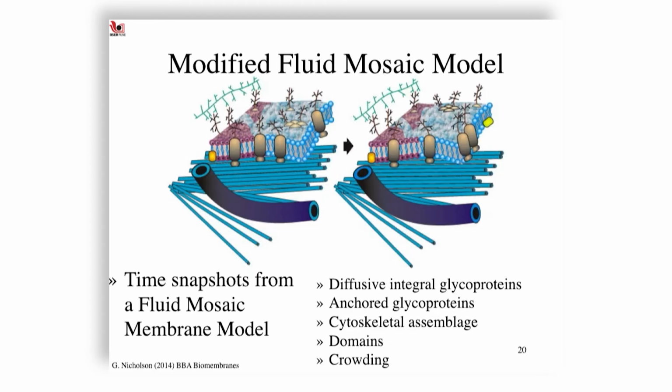And this has led people to propose a so-called modified fluid mosaic model, and these are supposed to be time snapshots, the left and right images, which represent the role of integral diffusive glycoproteins, so proteins with modifications of sugars, cytoskeletal assemblages, the tubes that you see below, and the blue lines indicating basically microtubules and actin.